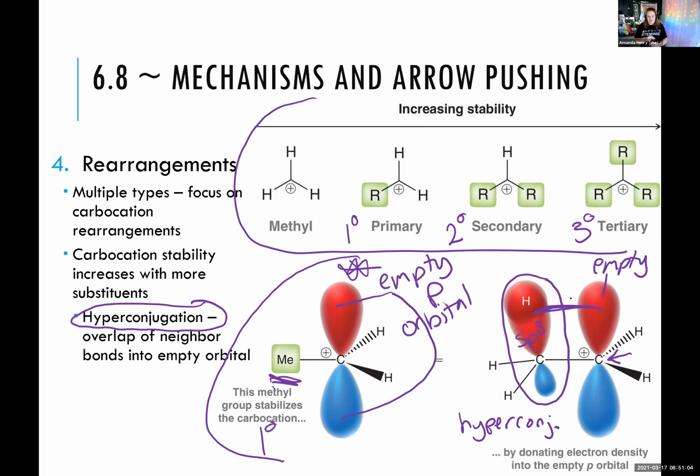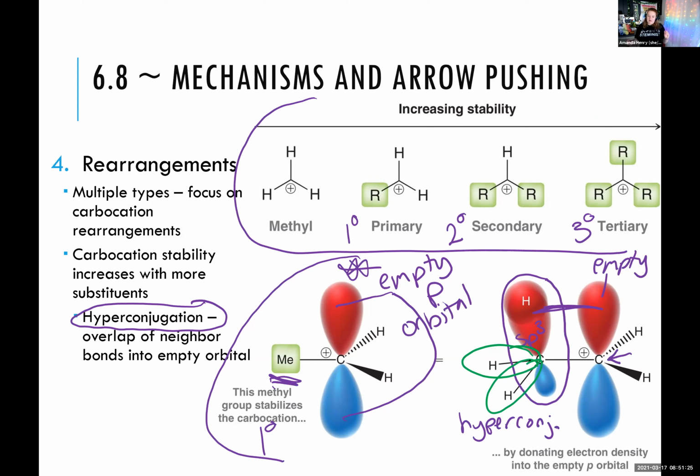So the example that's shown here is with a primary carbon. For that methyl group that's attached, we're showing the overlap with just one of its hydrogens. But as that bond rotates, there's 2 more bonds there that can overlap with that empty orbital.